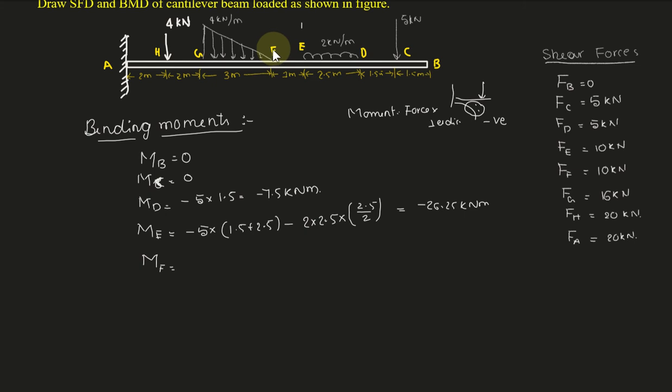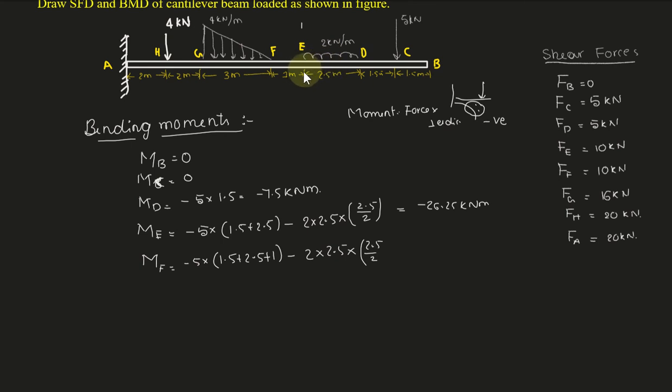If you find the bending moment up to F, we again have the load of 5 kilonewton multiplied by the perpendicular distance up to F. That is minus 5 into 1.5 plus 2.5 plus 1 meter up to F, minus the 2 kilonewton spread over 2.5 meter, that is the force multiplied by perpendicular distance 2.5 by 2, because it acts at the center, the middle.